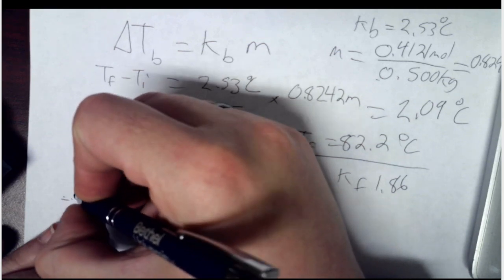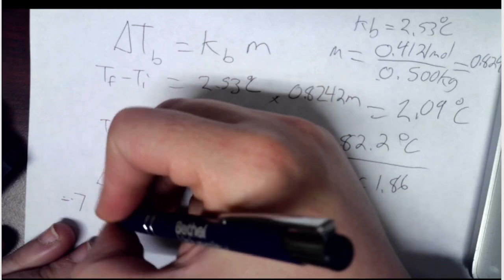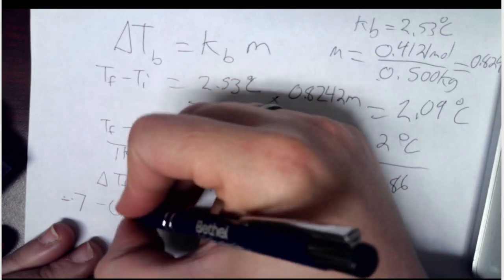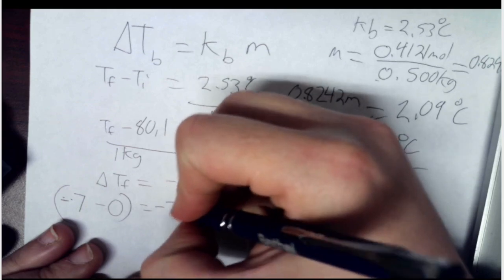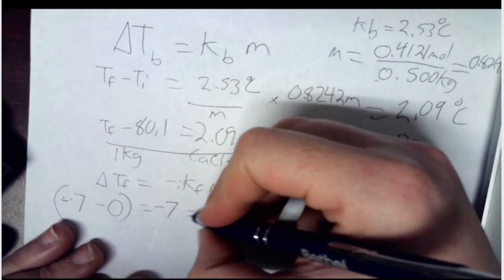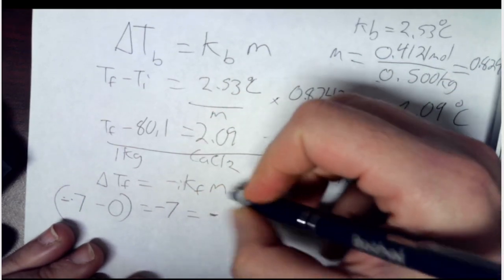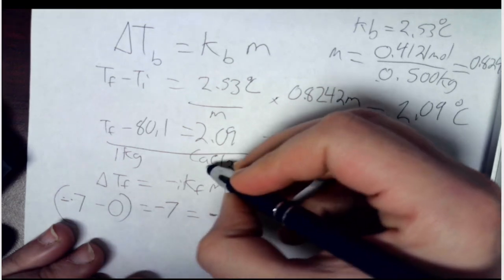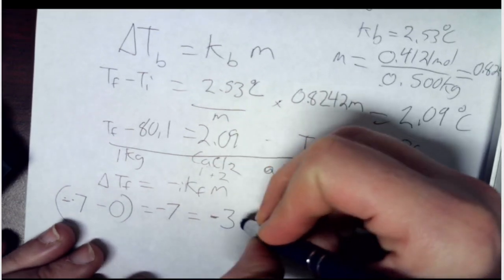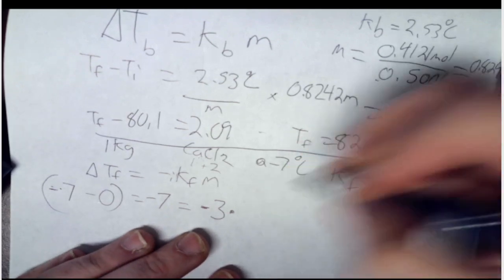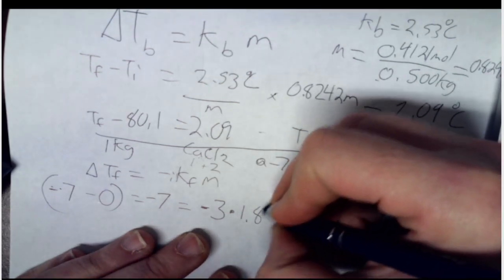So at negative 7 degrees, negative 7 minus 0, which is the freezing point of ice, is going to give us negative 7. And that's going to equal negative i with calcium chloride, 1 and 2, you have 3. Your K sub F is 1.86.